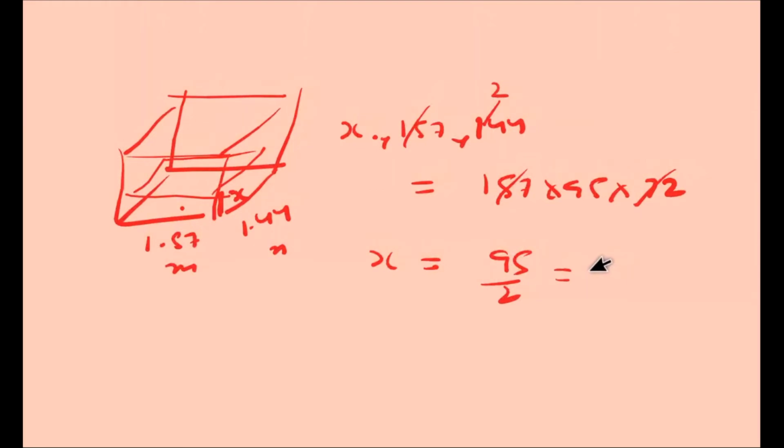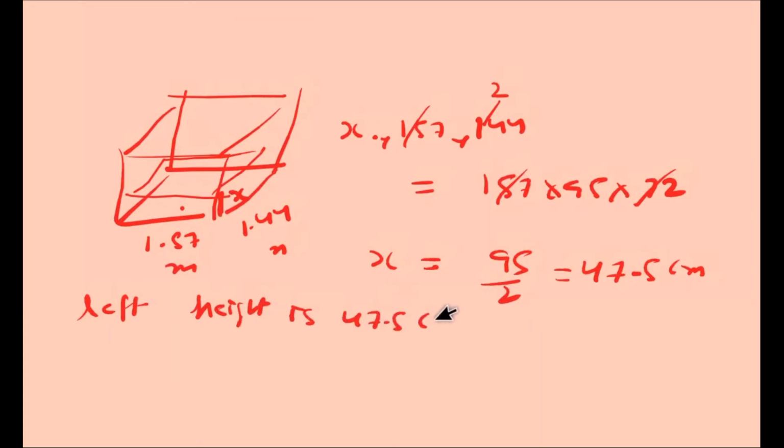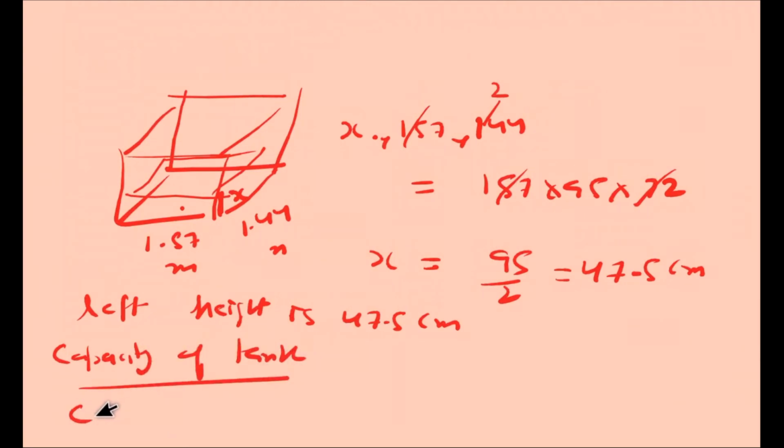It means it is 47.5 centimeter. So we can say the left height is 47.5 centimeter. And now we have to find the ratio: capacity of tank upon capacity of sump.